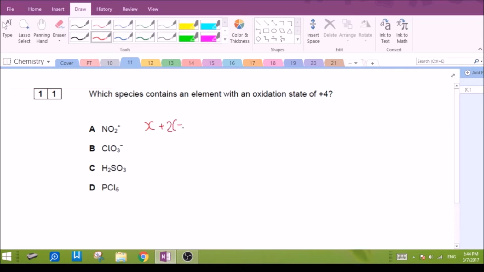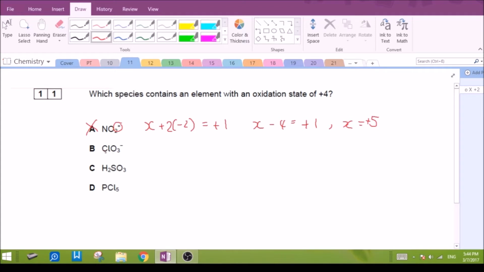So it's 2 times -2, and then we equate the sum of the oxidation numbers to the charge. In this case it is +1. So solving the equation, the oxidation number of nitrogen is +5. Right, that's not what we want.